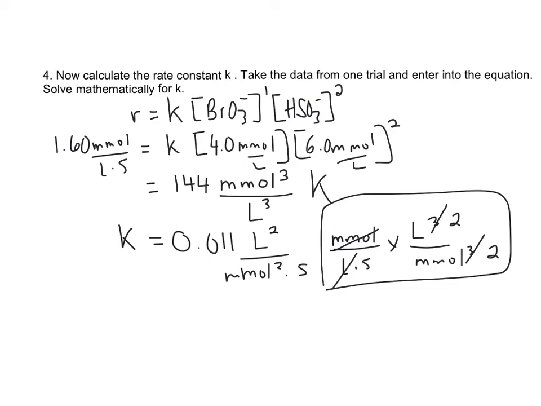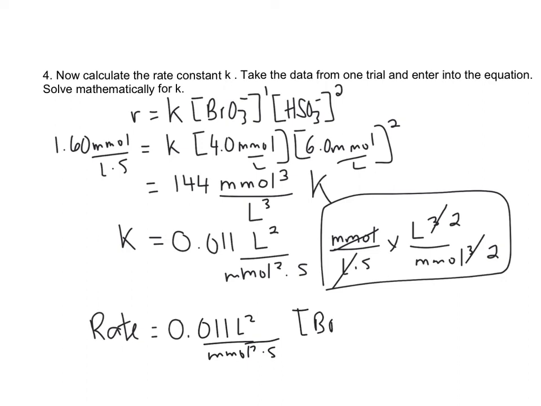So now we can write out our proper rate law expression. So rate is equal to 0.011 liters squared over millimole squared times second, times the concentration of bromate to the first order times the concentration of hydrogen sulfite to the second order at this temperature.